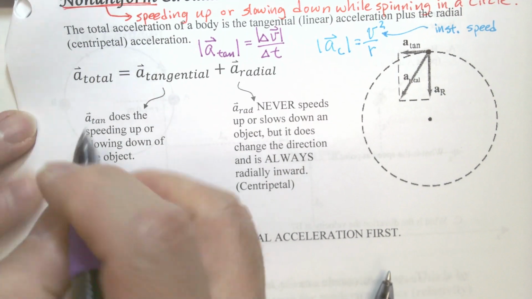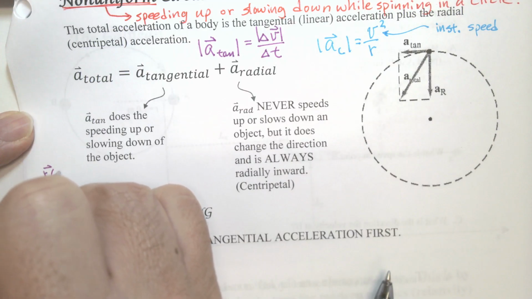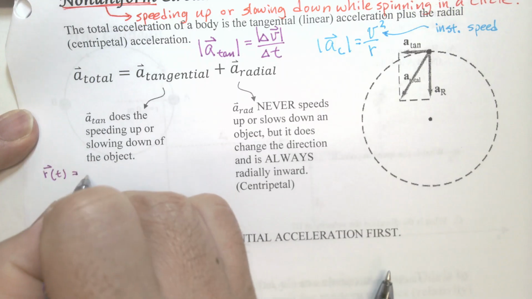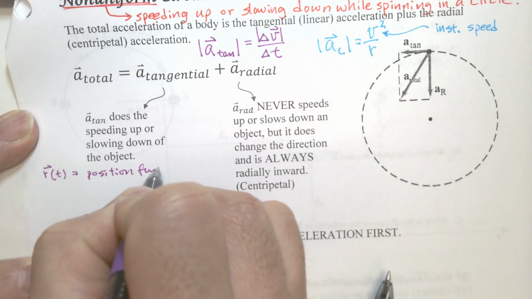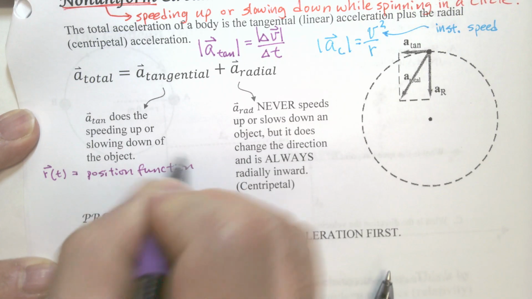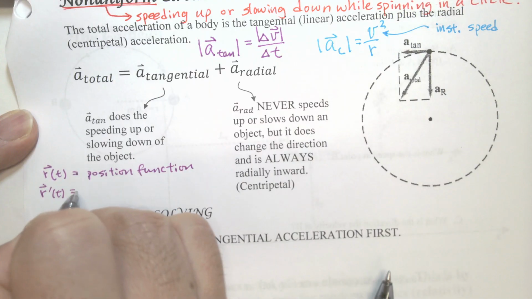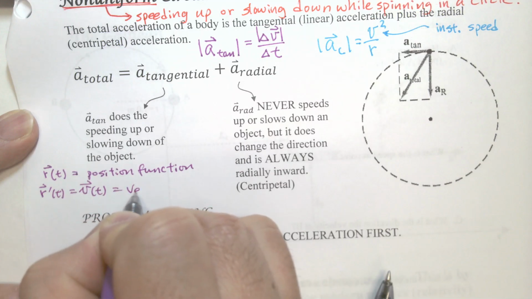So this one, as we know, the position function of time is equal to r of t, and that's the position function. Then if we take a derivative of that, r prime of t is simply v of t. That is the velocity function.